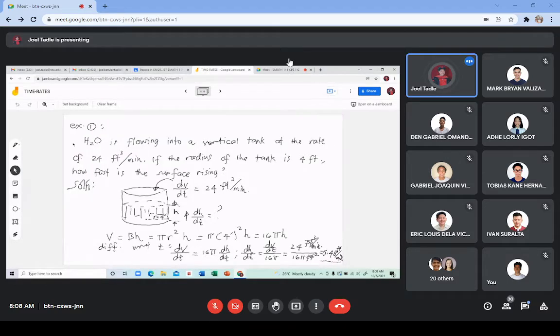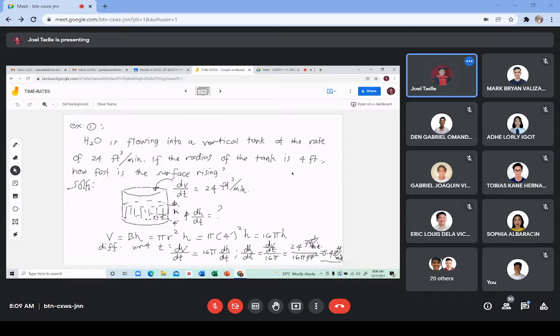Sophia, can you read the first example? H2O is flowing into a vertical tank at the rate of 24 feet cubed per minute. If the radius of the tank is 4 feet, how fast is the surface rising?